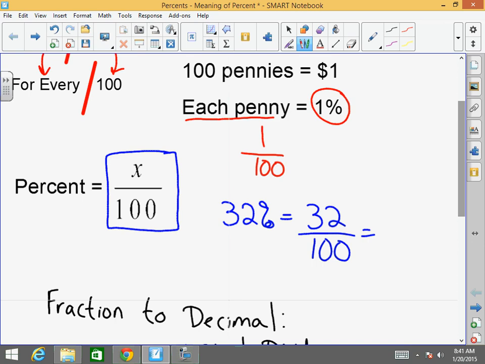Isn't that 32 hundredths? 0.32. Excellent, 32 hundredths. So again, we go back to the statement I said earlier. Percents, fractions, and decimals can be the same value, just with a different appearance. A percent is for every 100. Whenever you're given a percent, you put that percent value over 100.